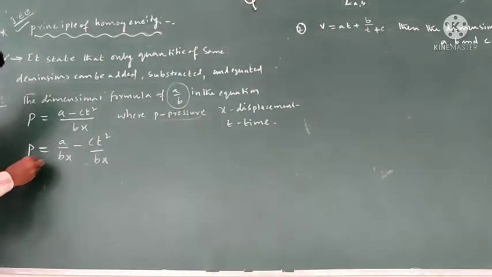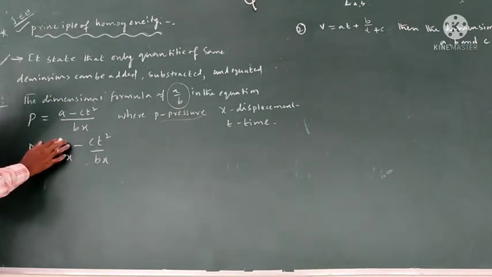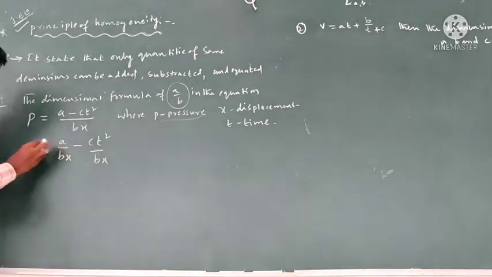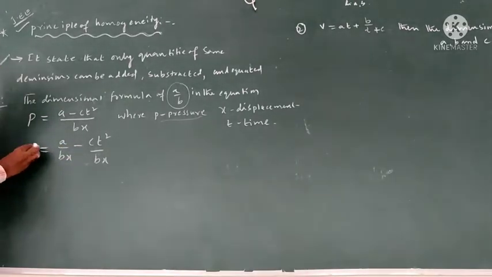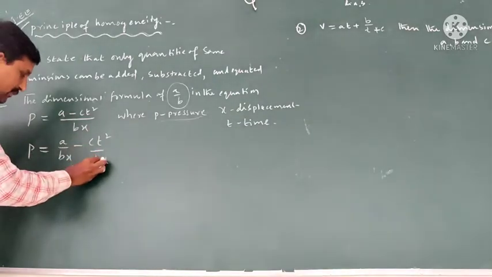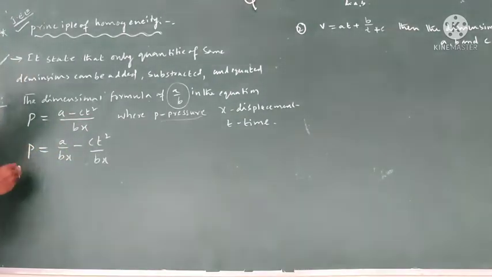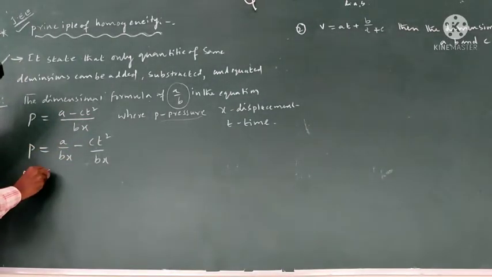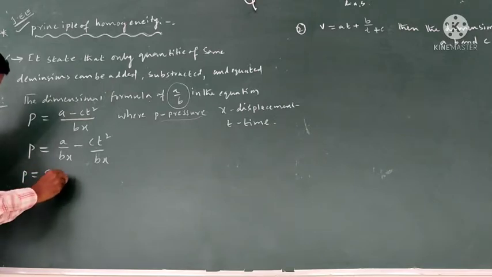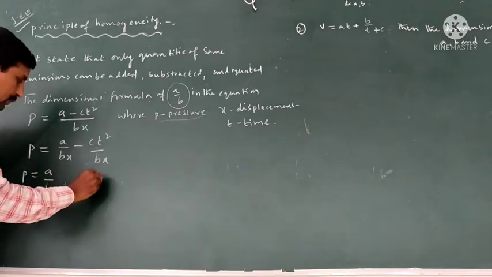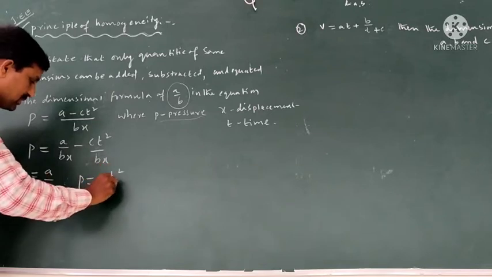Here, according to the principle of homogeneity, A by Bx should be equal to P, pressure, and again Cv square by Bx should also be equal to pressure. So P is equal to A by Bx and P is equal to Cv square by Bx.